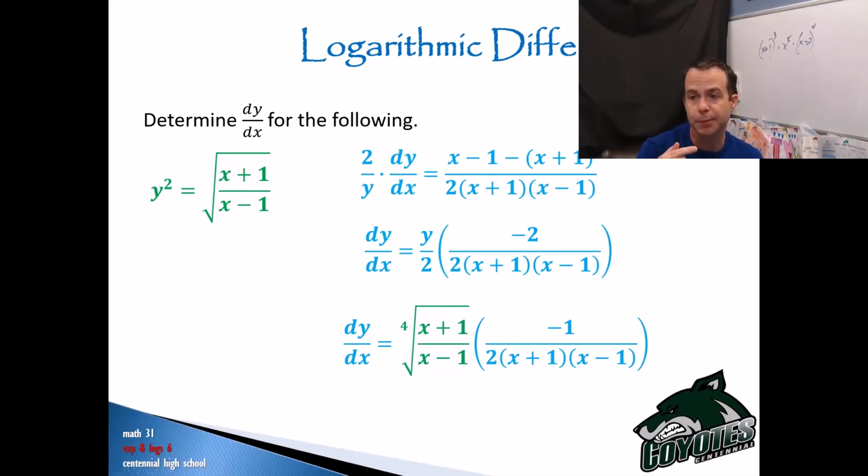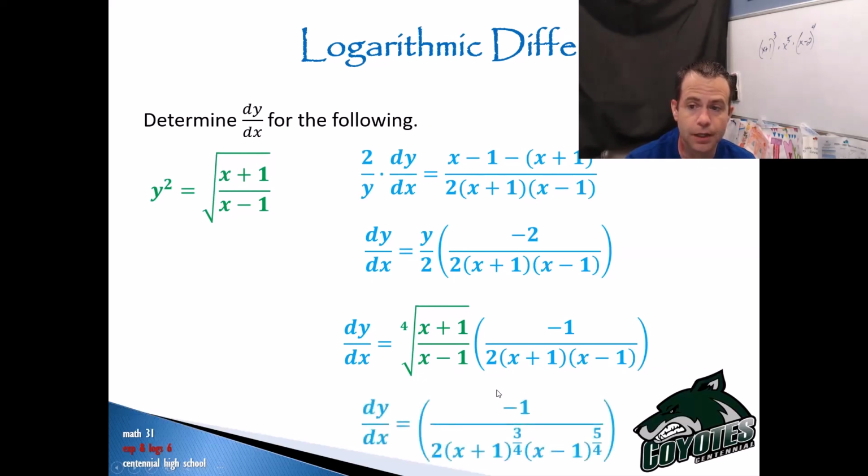So I'll end up with (x plus 1) to the 3/4 on the bottom. Then this one is (x minus 1) to the 1/4, but it's already on the bottom, so I've got 1/4 plus 1 here, which will be 5/4. Okay, so my simplified version will be -1 over 2 (x plus 1) to the 3/4 times (x minus 1) to the 5/4. Okay, awesome.